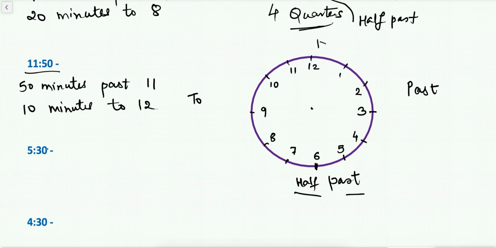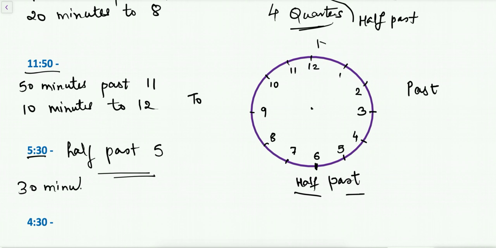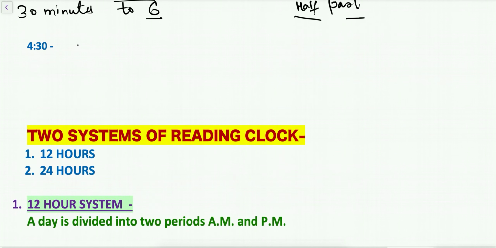So 5:30 we will say half past 5, or 30 minutes to 6. Similarly, 4:30 will be half past 4, or 30 minutes to 5.